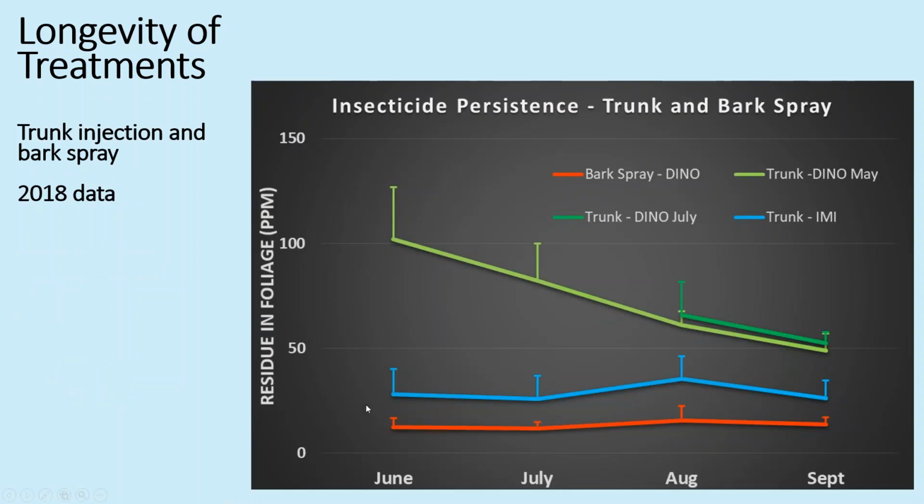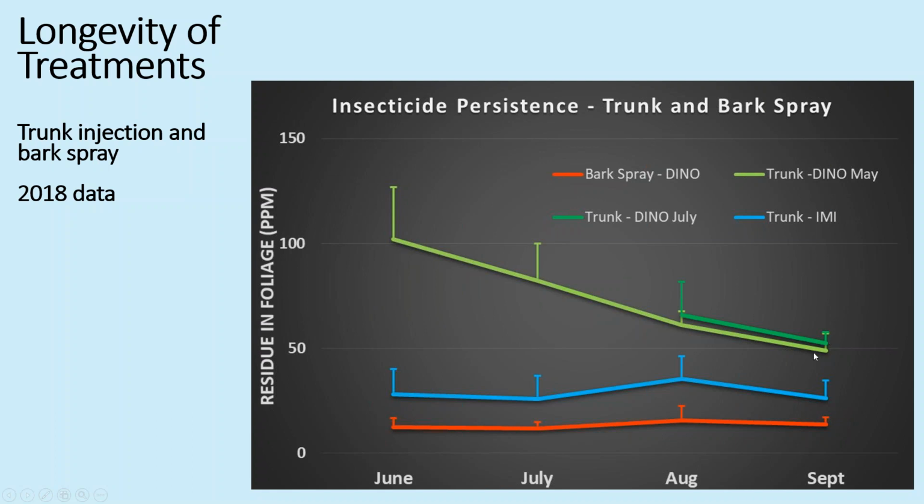Another interesting thing was comparing the amount of residue. This is the bark spray treatment, Dinotefuran. This is the amount of the imidacloprid, which is higher in the trunk, but performs similarly. When we look at how much chemical is actually in the trunk-injected Dinotefuran trees, you could see it's 10 to 15 times more, 100 parts per million versus around 10 to 12 parts per million for the bark spray.